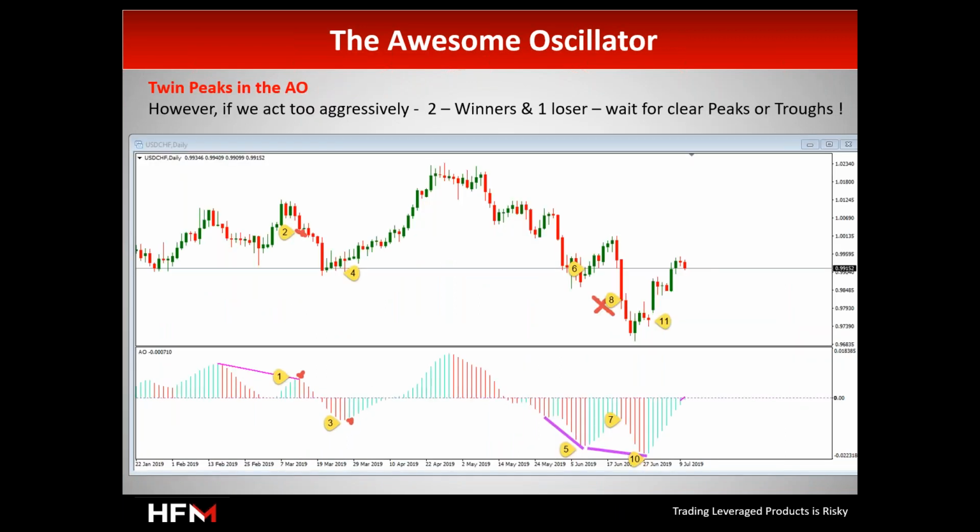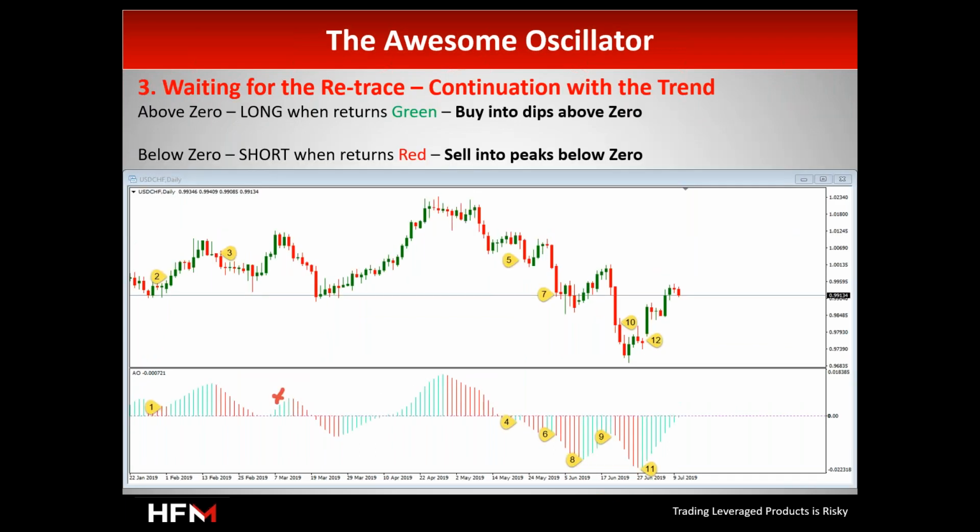Now let's see a different strategy. Let's see another strategy using the Awesome Oscillator, waiting for the retrace. That's another way to use the Awesome Oscillator.